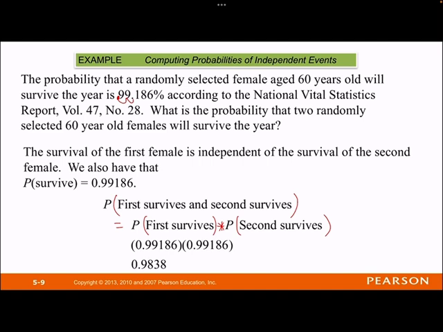They both have the same probability, so we're multiplying 0.99186 by itself twice. The probability that both will survive is 0.9838.